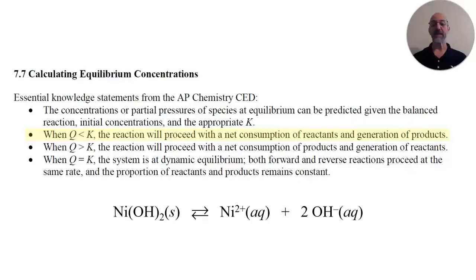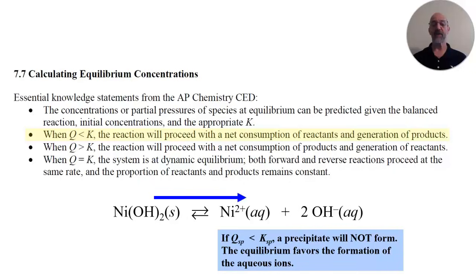So if this is our equilibrium for the dissolution of nickel hydroxide, and if Qsp is less than Ksp, a precipitate will not form. Why? Because there is a net conversion from left to right, and the equilibrium favors the formation of the aqueous ions, so no precipitate would form.